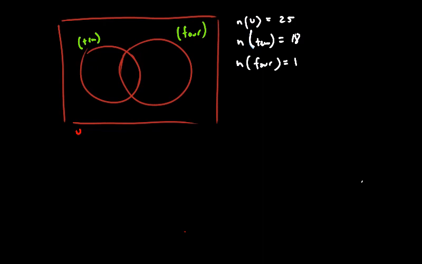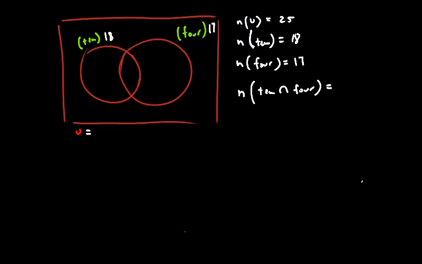They want us to find out how many elements are in the intersection of 10 and 4. In other words, how many people do both? Let's start filling in our Venn diagram. There are 18 people here and 17 people here.